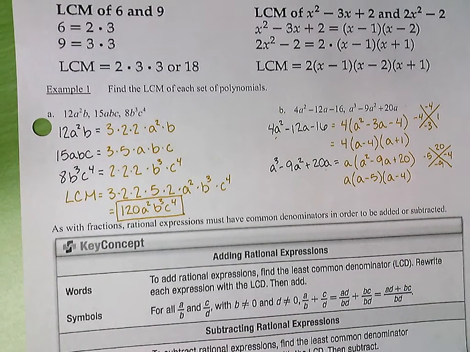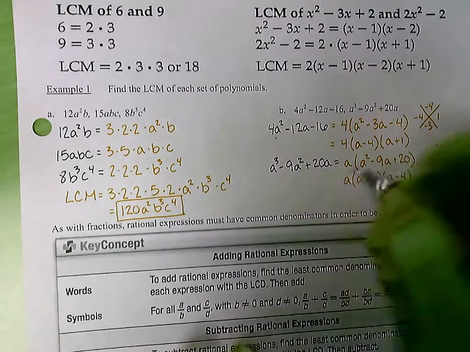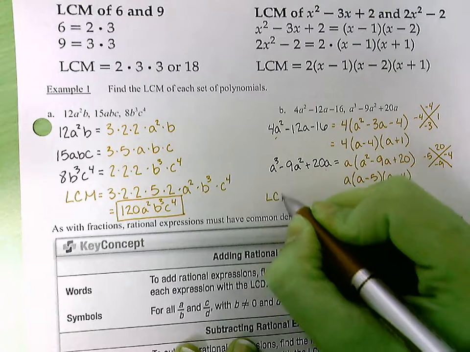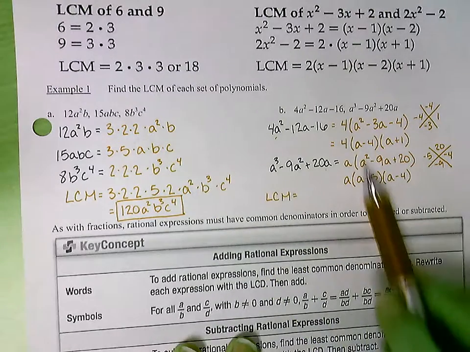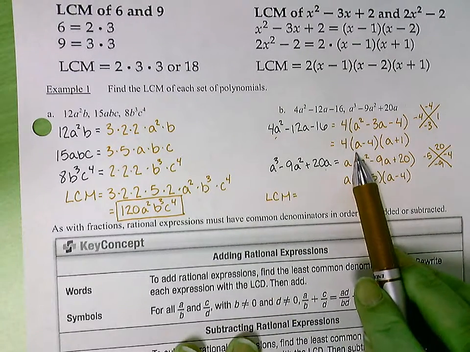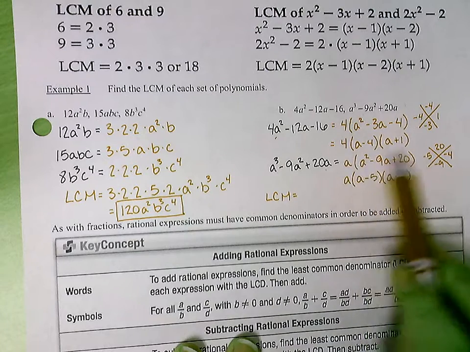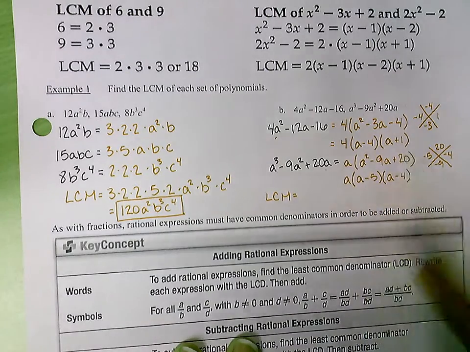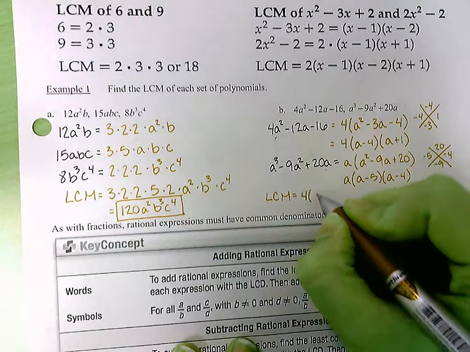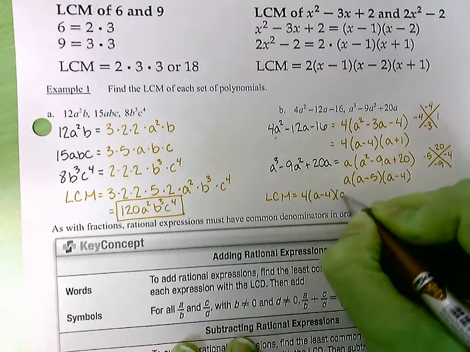All right, so now I can start writing out that least common multiple. Starting here, I need all of this right off the bat. So I have 4 times a minus 4 times a plus 1.